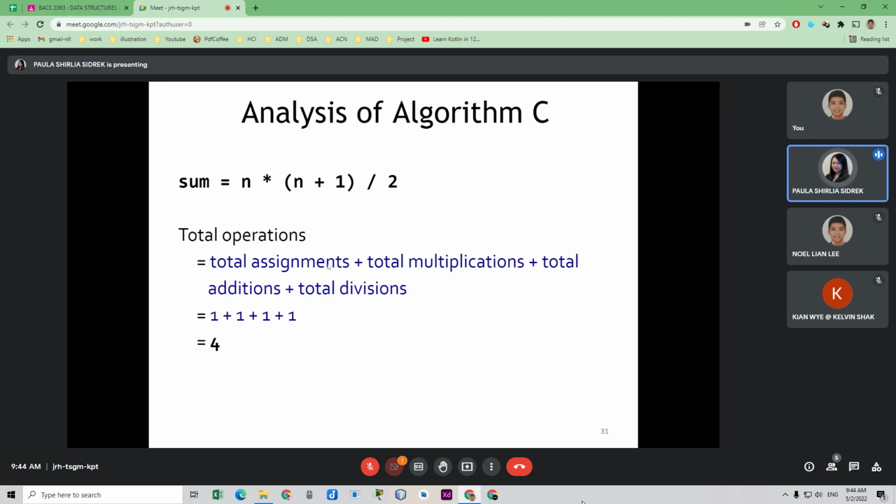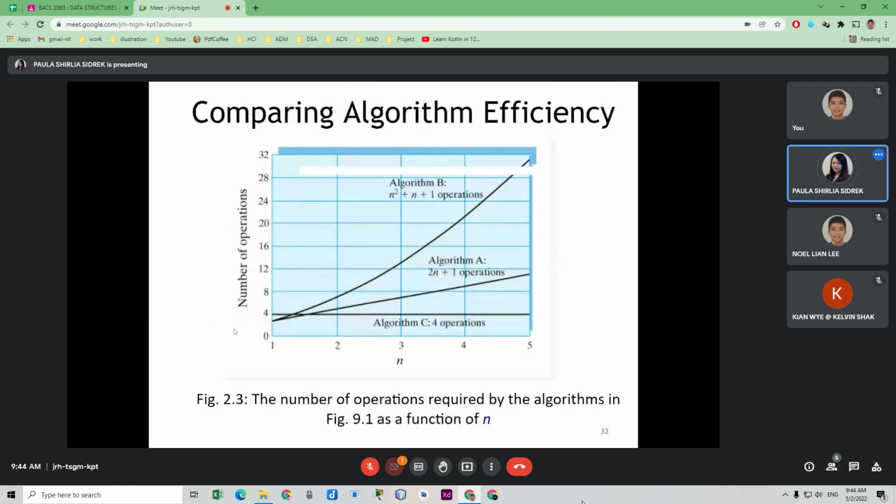You have total assignments plus total multiplication and total addition and total division. So all goes up to 1 plus 1 plus 1 plus 1. Okay, so that comes to 4 operations. It's very straightforward, right? This one is if you want to compare your algorithm efficiency based on graph, right?